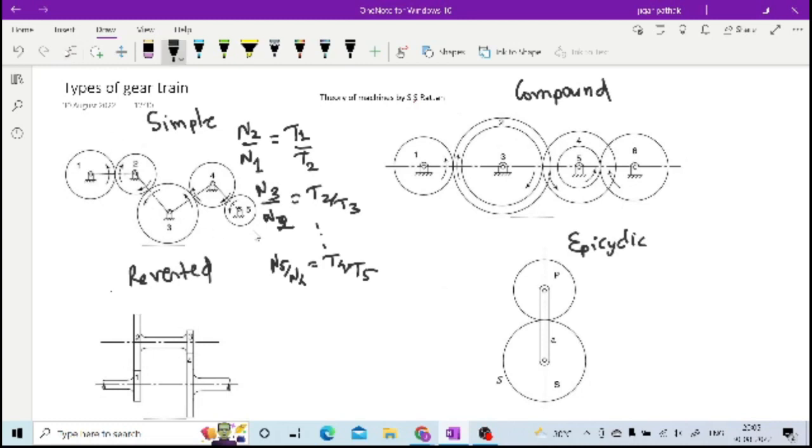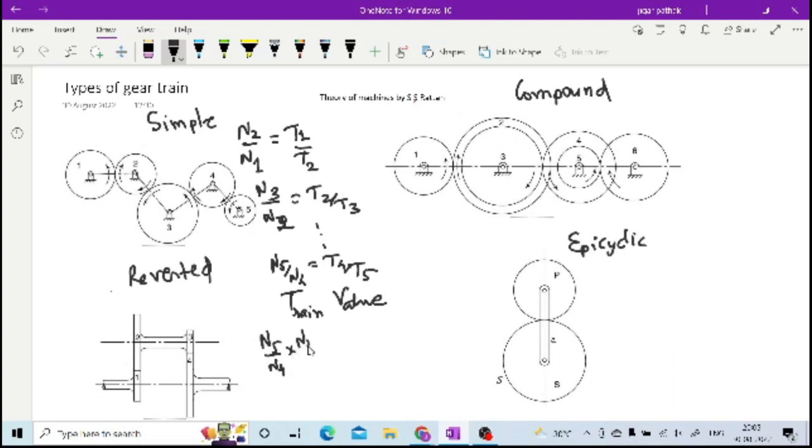So now let us focus on the important aspect of these gear trains, right? In order to calculate the train value, you can go by whatever number of power transmissions has taken place. So you can start with N5 by N4, right?